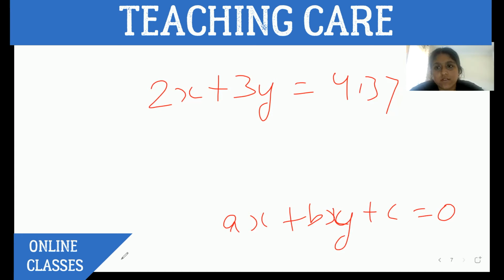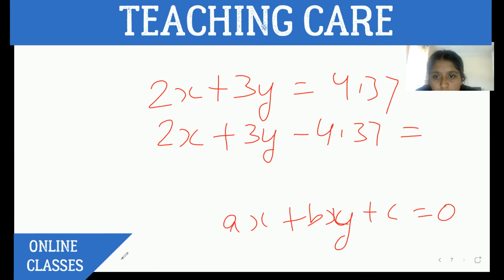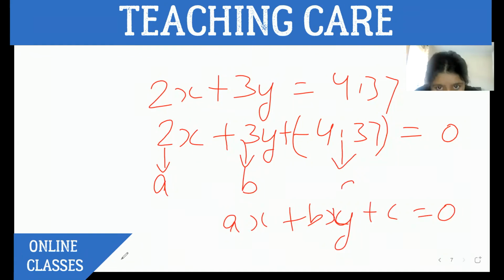No, this is not the thing. If you want to convert it into this form, you will write it like 2x plus 3y minus 4.37 is equal to 0. Oh, okay. So now you can write it as plus and minus in the bracket. So your 2 is a, your 3 is b, and your minus 4.37 is c.